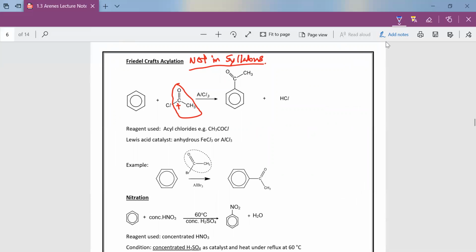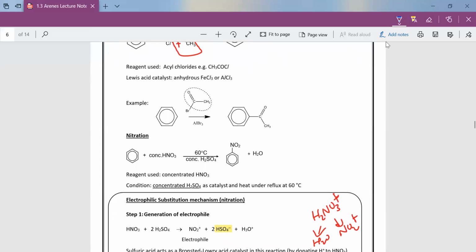Friedel-Crafts acylation is not really in the H2 syllabus, but I think it's good to know just for information. It works in exactly the same way as your normal Friedel-Crafts alkylation, except that the C now has a C double bond O. Whatever you want to attach onto the ring, just make sure that the C that is going to be connected to the ring is first connected to a halogen.